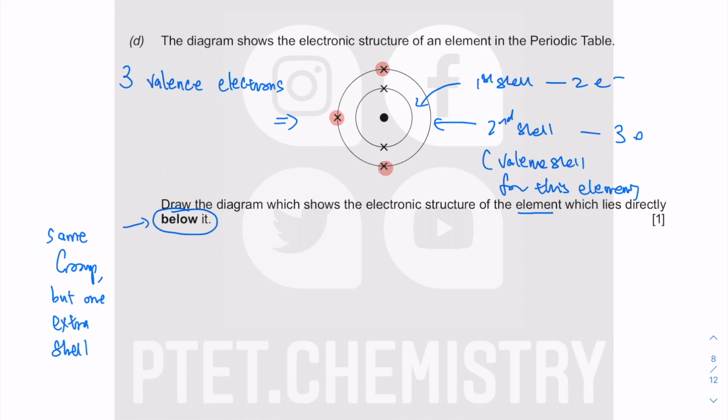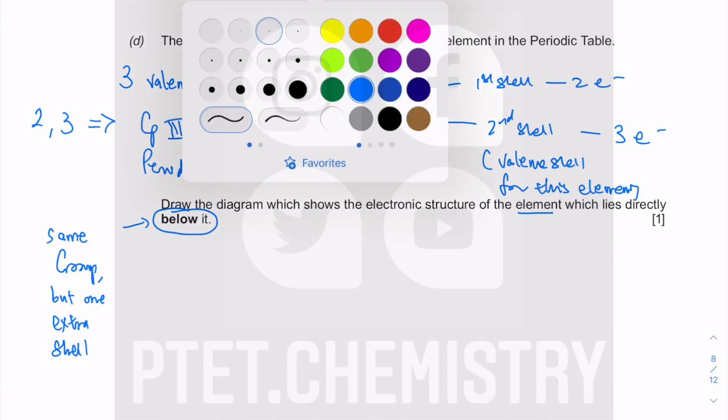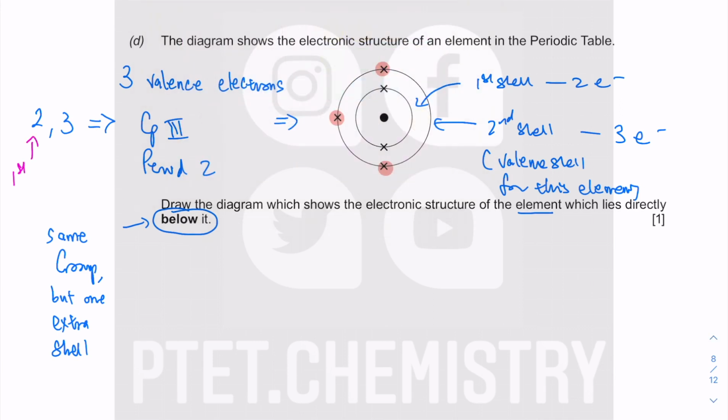It has 3 electrons. So the electronic configuration is going to be 2 electrons in the first shell, 3 electrons in the second shell. So that tells you it's group 3, period 2, because it fills up to the second shell.